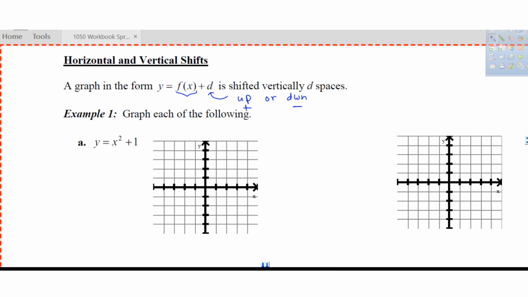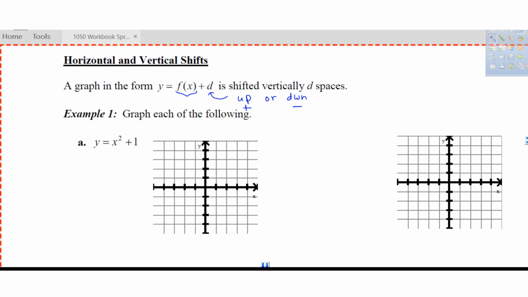Weber State requires you to do this: start with the parent, do one adjustment, do another adjustment, do another adjustment until you've done all the adjustments. So they make you do multiple graphs. It's kind of a pain, but it's okay, because all the steps along the way you're going to get right, and it's going to be a high point problem.